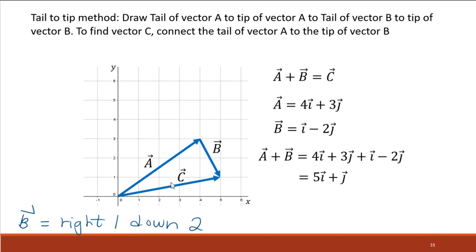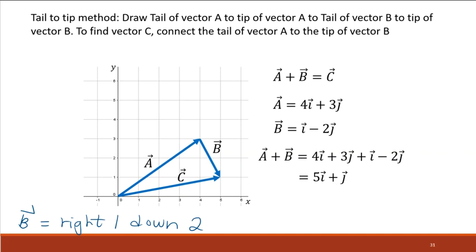Is this C vector correct from graphical methods? It's 1, 2, 3, 4, 5 right and 1 up. Right is positive, so 5i. Up is positive, so 1j. 5i plus 1j. Yes, that is correct. It agrees with our algebraic method.